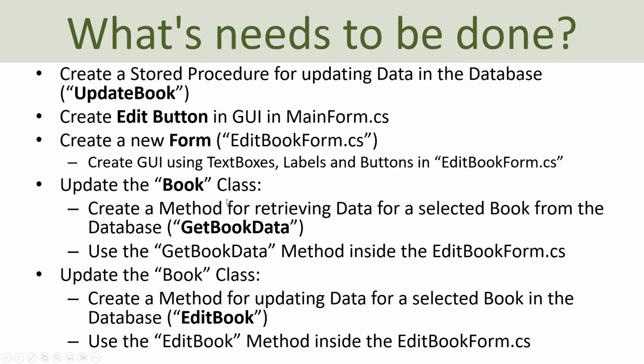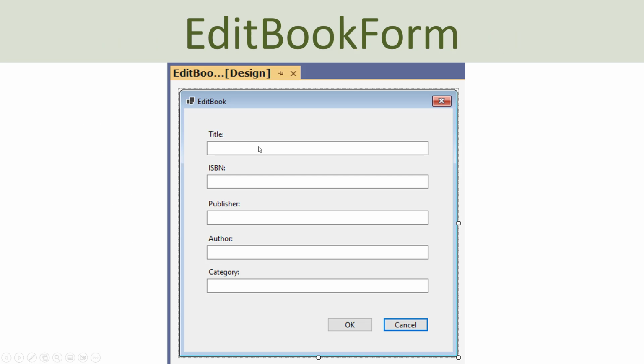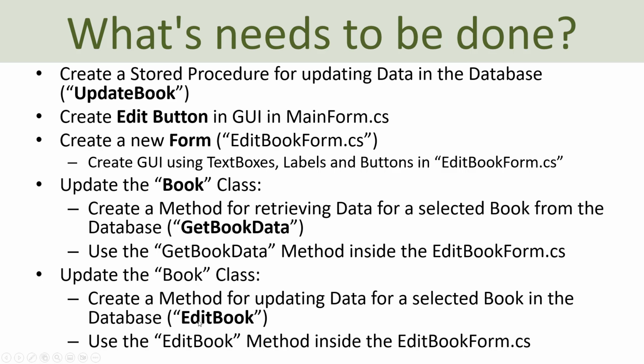Next, we need to create another method in this book class. We can call it edit book. So when we are changing the information here, we need to click OK and then store the updated information to the database. So that should happen in the edit book method. So basically these are the main steps needed in order to create this edit book functionality.